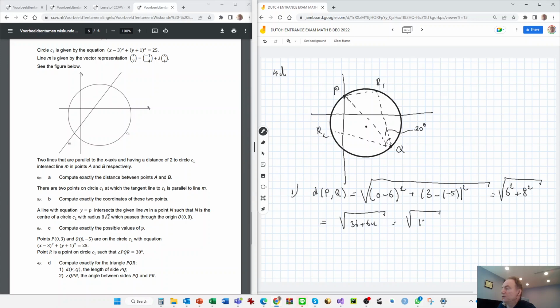Oh, so square root of 100, that's 10. So this is 10.